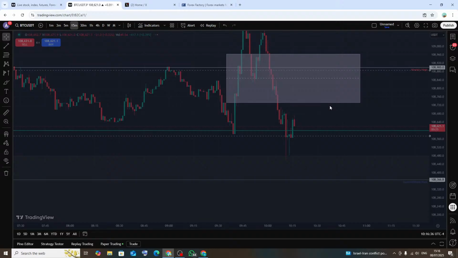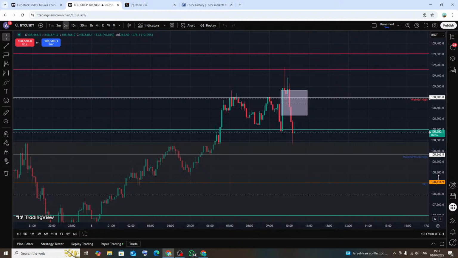On the 5-minute time frame, well, this is the 5-minute time frame fair value gap. This is also a 5-minute time frame fair value gap.